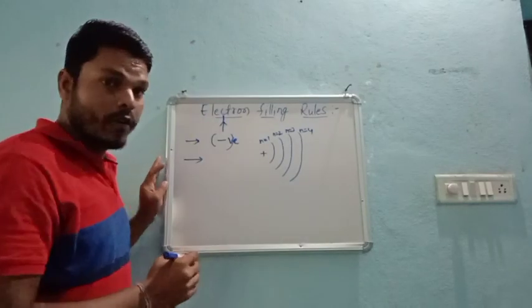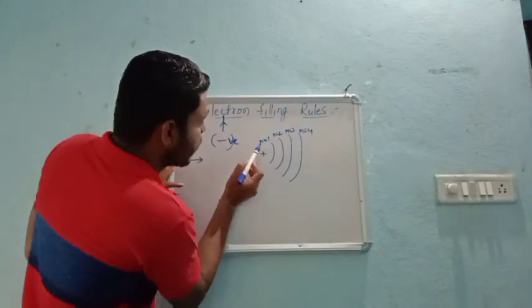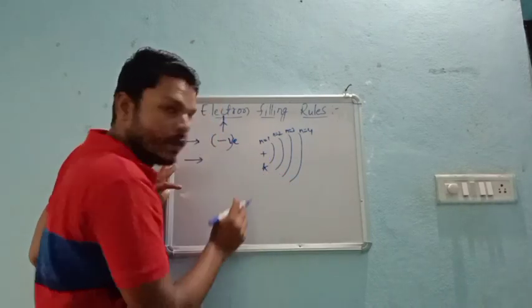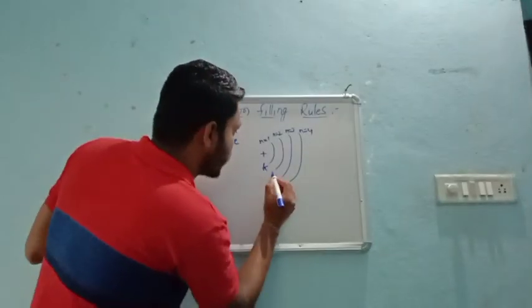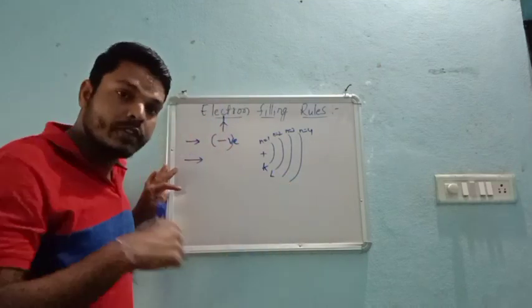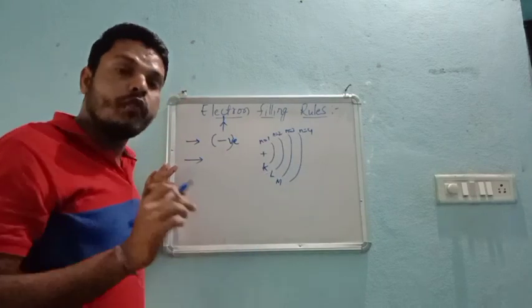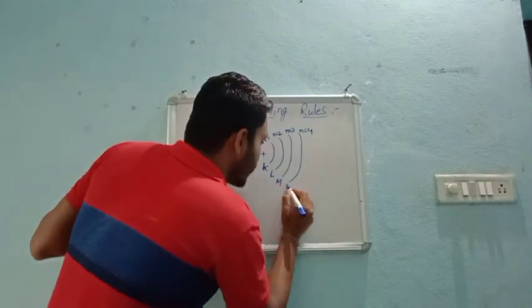By alphabetic order, he said n equal to 1 is nothing but the K shell, n equal to 2 is the L shell, n equal to 3 is the M shell, and n equal to 4 is the N shell.